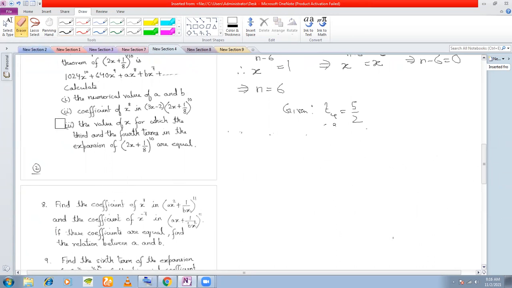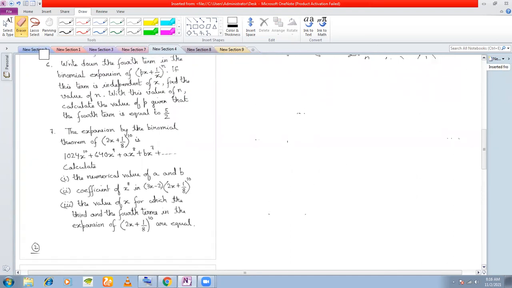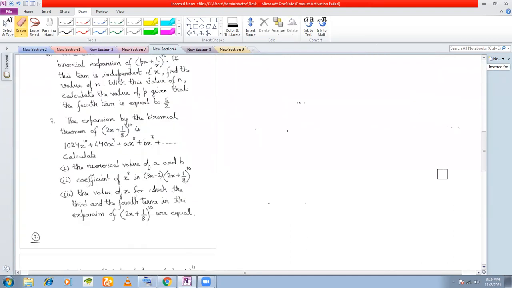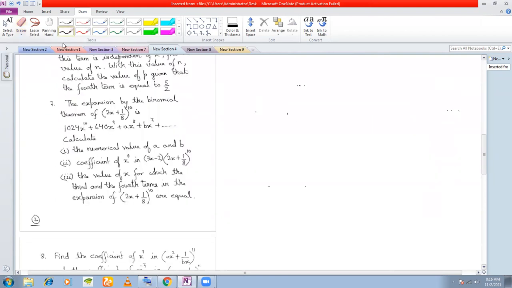Let's move on to the next problem then. This problem has 3 parts. Number 7. The expansion by the binomial theorem of 2x plus 1 by x to the power of 10 is given to you till 4 terms, and there are 3 questions.